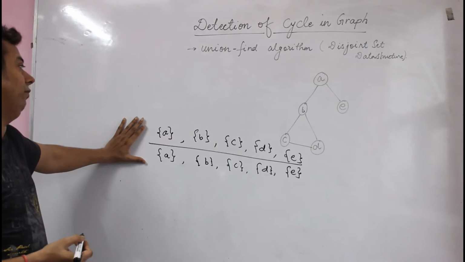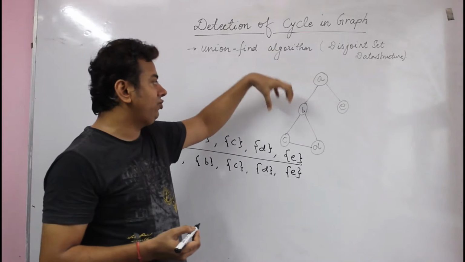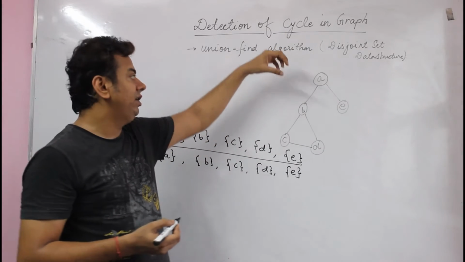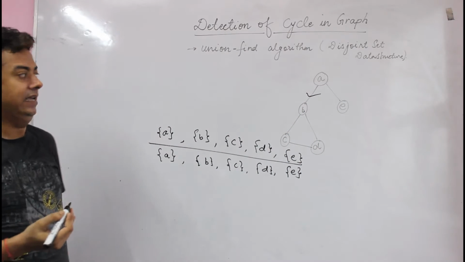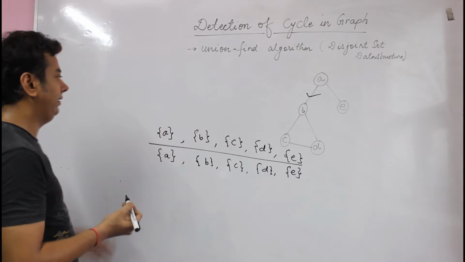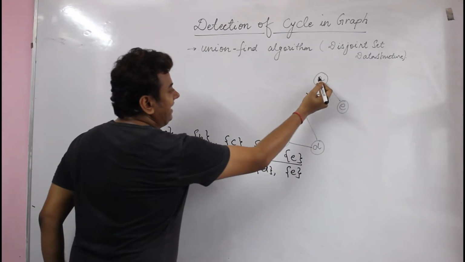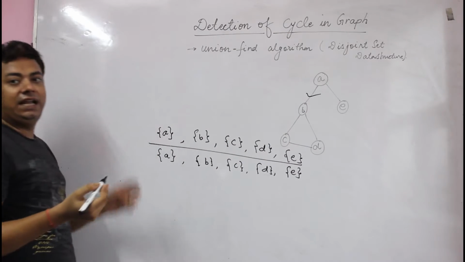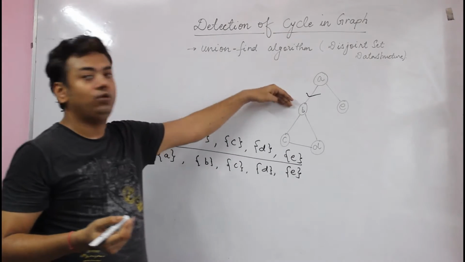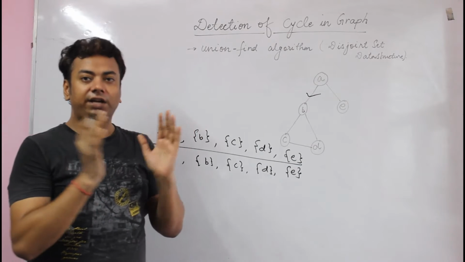Next, we will scan this graph and take each of the edges one by one. So we have picked up this edge, and then we will check the parent of this and the parent of this. If the parents of these two are different, then we will merge them, we will union them.